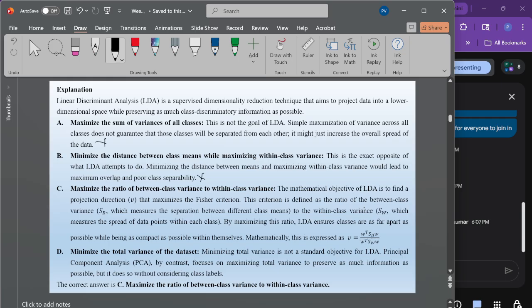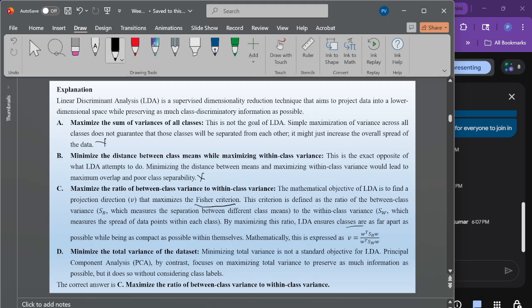Now the next option, option C, is maximize the ratio of the between class variance to within class variance. LDA finds the projection direction that maximizes the Fisher discriminant criteria.